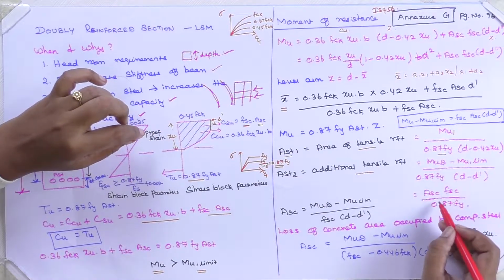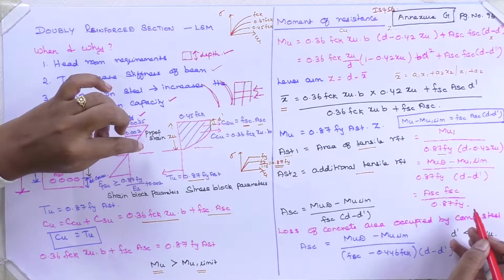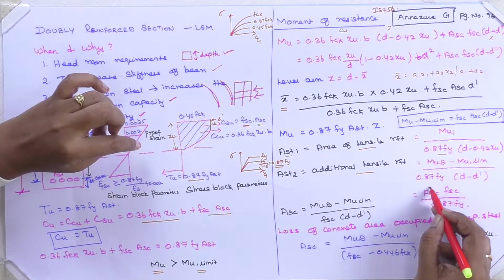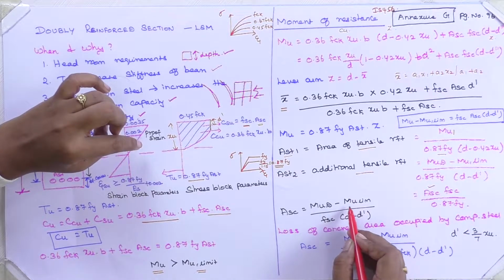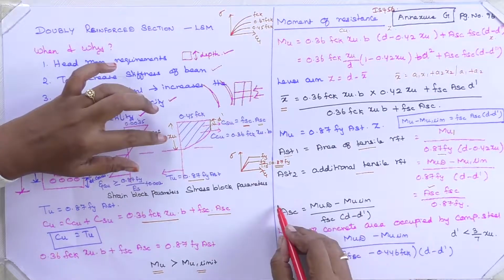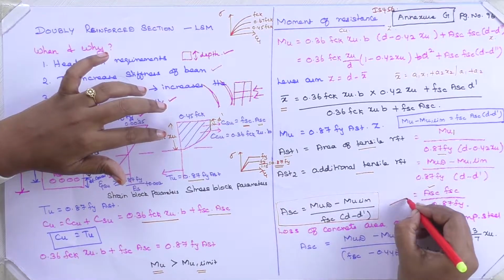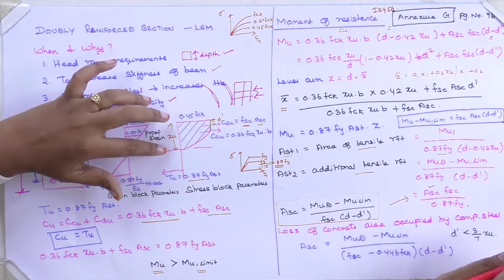That one we can also call in this way: Asc Fsc divided by 0.87 fy. So I can write Asc as Mu actual minus Mu limit divided by Fsc into (d minus d dash). I can also write in this fashion. From this value I will be getting like this. The equation is like this.